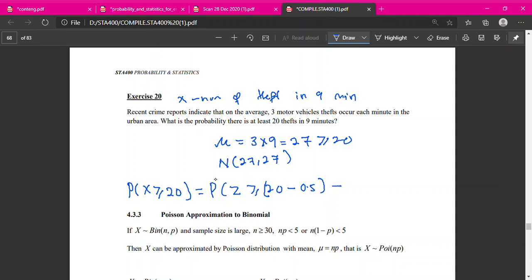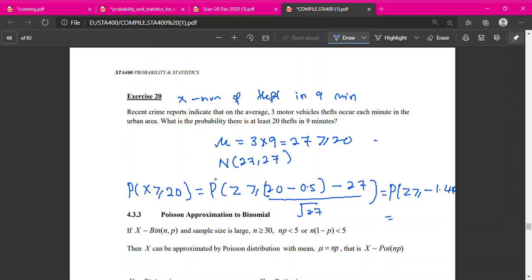Okay, and then minus dengan its mean, divide dengan its standard deviation. Okay, so berapa dapat? So, akan dapat negative 1.44.